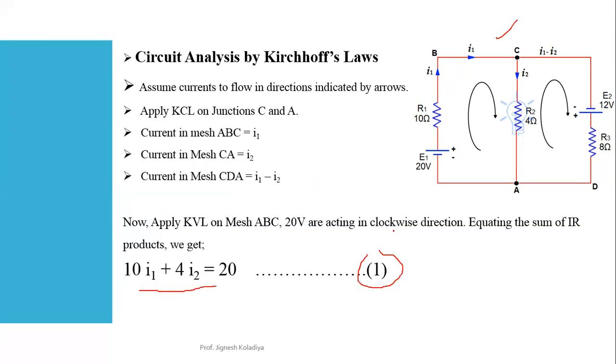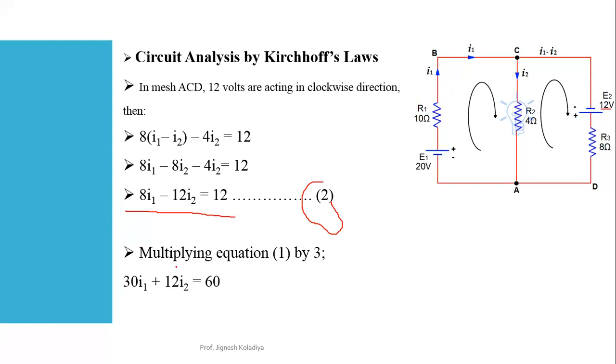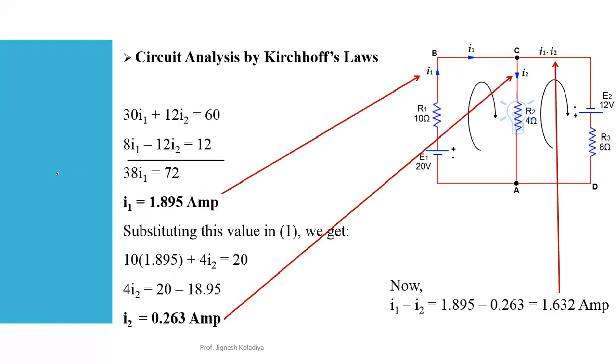I just want this I2 to cancel out, so we have only I1 in that and I will get the value of I1.